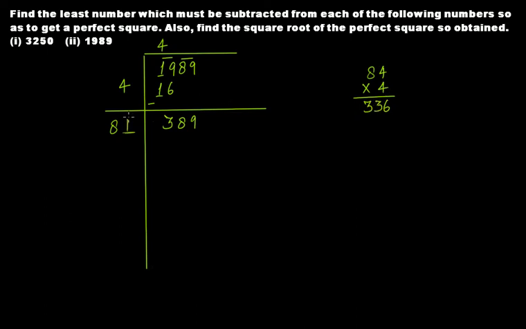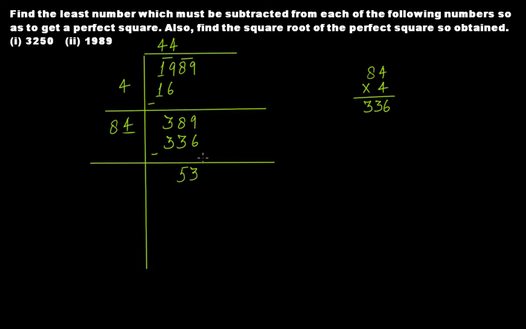So 8 times 4, you get 336. In this case, you get the remainder of 53.